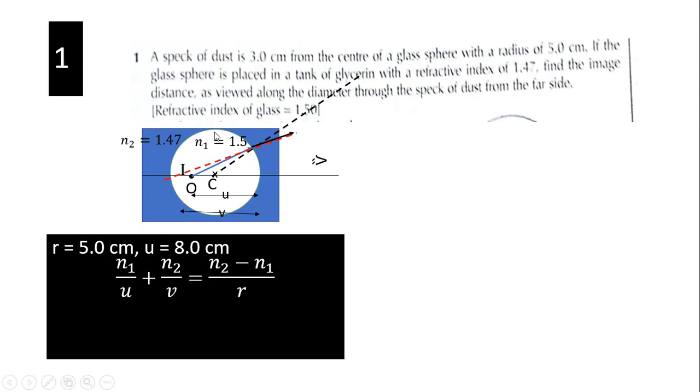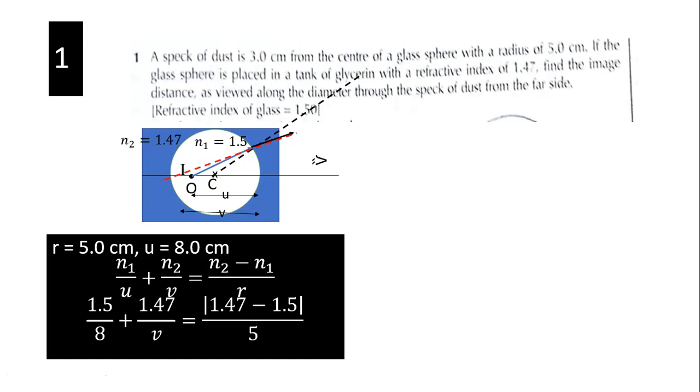But since this is larger, it's the denser medium, so we consider that as positive. That's a sign convention. So N1 is 1.5 over U, and N2 is 1.47 over V. So calculate it out.